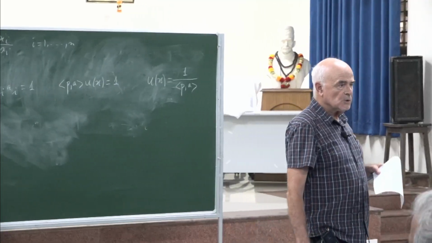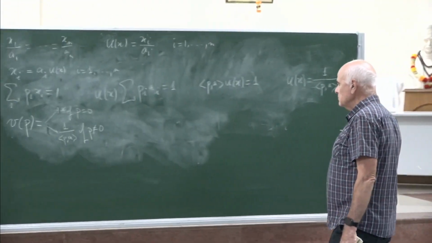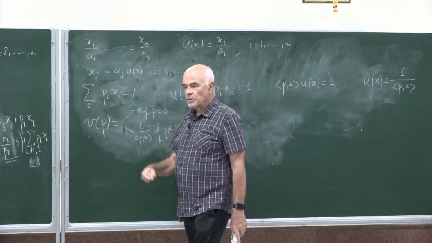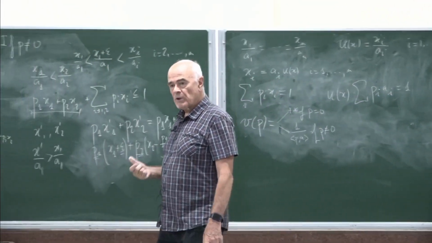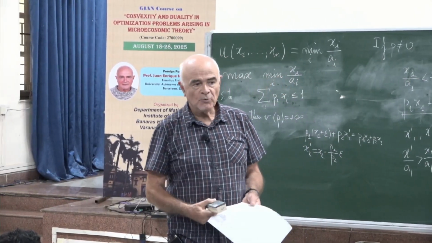This is the indirect utility function corresponding to your Leontief production function, which also makes a lot of sense from an economic point of view.